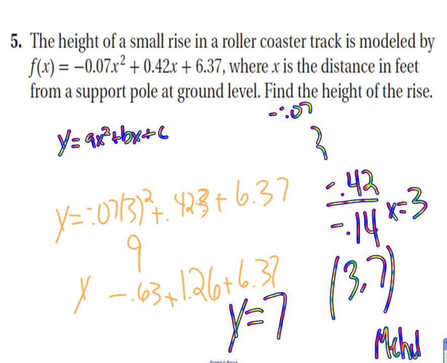There would be 2, because it starts out above the x-axis and opens downwards. How do we know if it's going to open up or down? If a is negative, it opens down. If a is positive, it opens up. Okay?